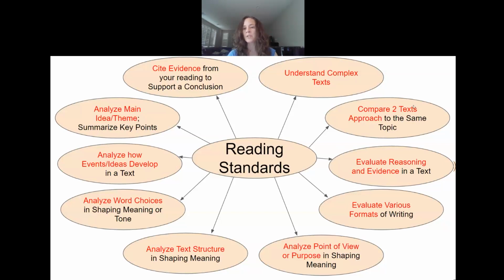Next, compare two texts' approach to the same topic. So oftentimes, especially when we're maybe researching a topic that we're interested in writing about, we might look up many different texts on the same topic, and it might be interesting to compare the differences in those two texts. For example, maybe you're going to review a movie and you're going to talk about other reviews about that movie. And you might have one really good review and you might have one really bad review.